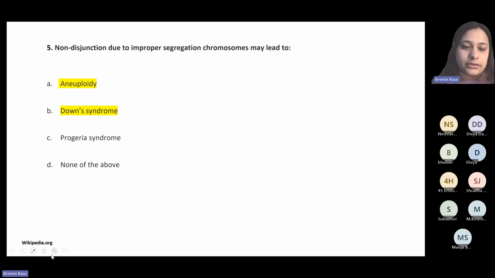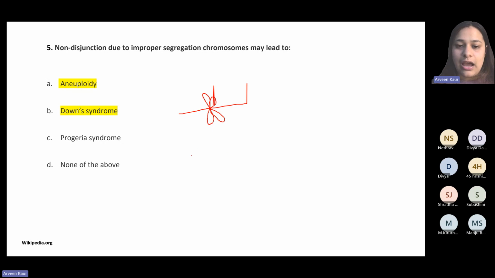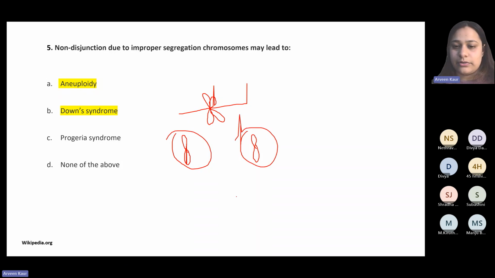So for example, this is a set of chromosomes. Ideally it had to be joined to the spindle or the microtubules so that after it got segregated, one chromatid went over here, one chromatid went over here, and a cell wall formed around them.